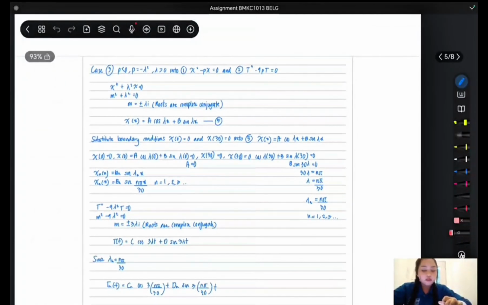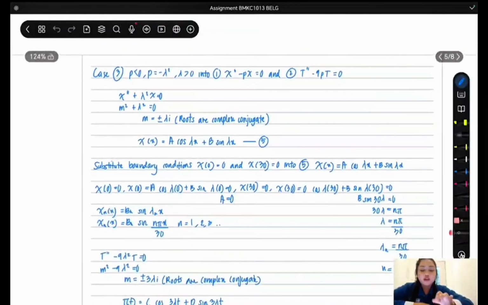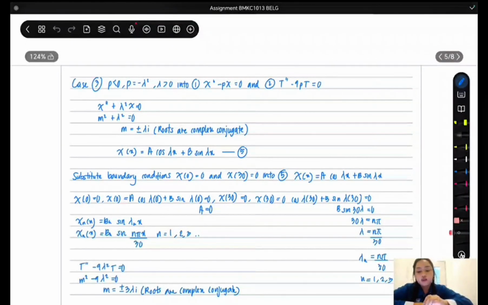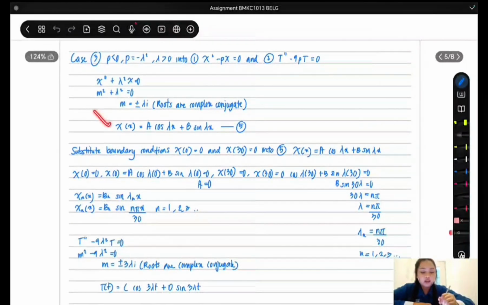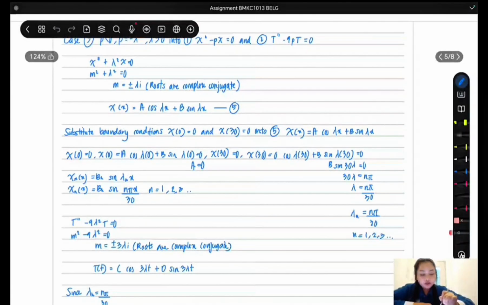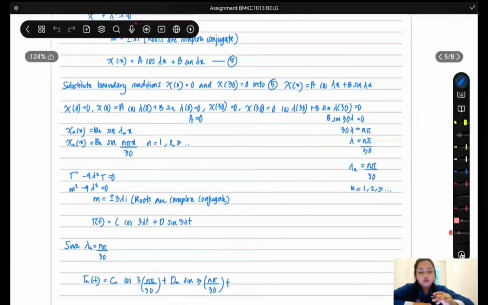Hi, now I'm going to continue with case 3, which is p is less than 0, and we let p equal to negative lambda squared into these two equations. So first we're going to substitute negative lambda squared into this first equation, and then we will obtain this. And right now we're going to substitute the boundary condition into the previous equation, and we will get a equals to 0 and this.